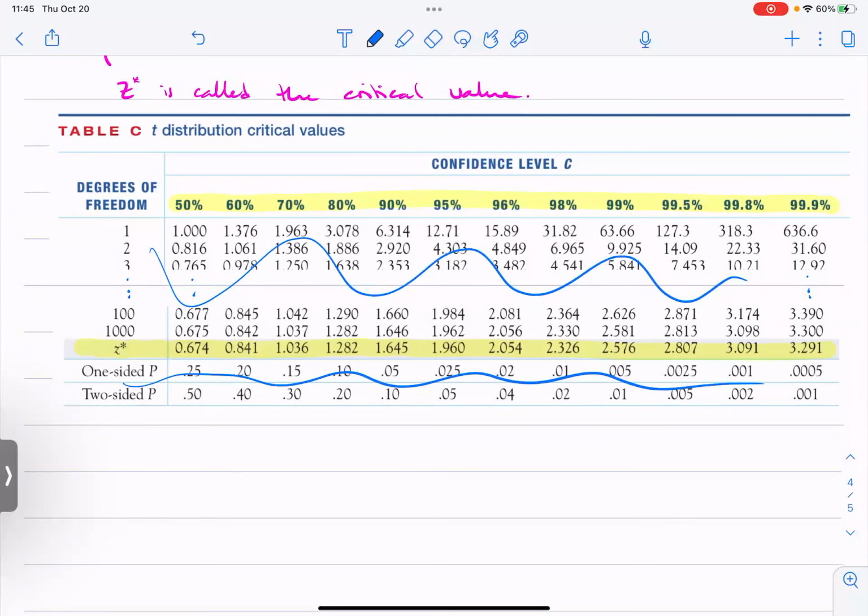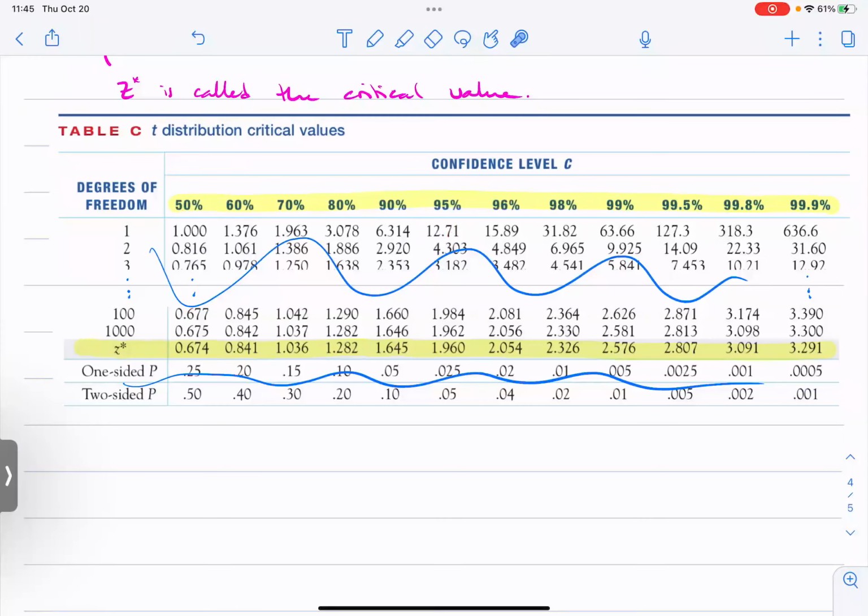All right, so looking at this, we made a 95% confidence interval and voila, 1.96. So you don't have to do it by hand like we did. In fact, on a test, I'm going to only ask you these values, right? 90, 95, 96, 98, 99, right? It's going to be one of these. Okay.